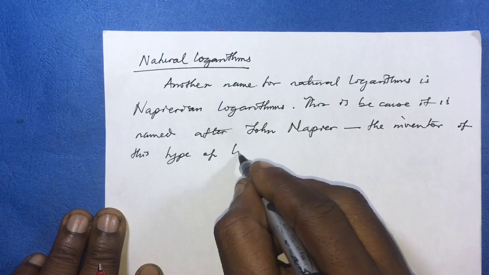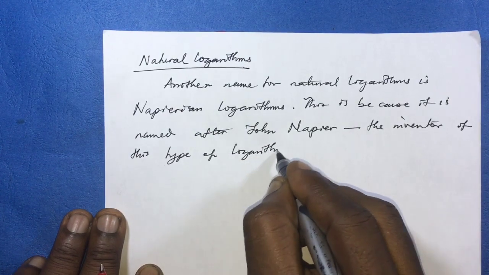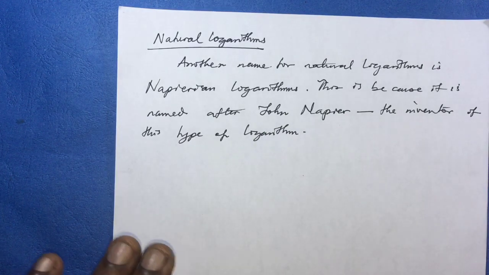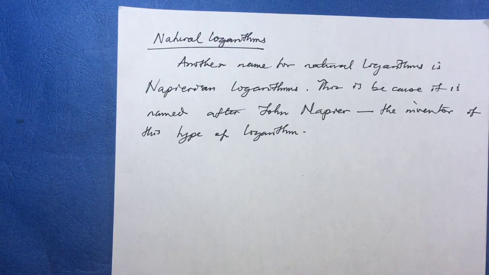Okay? Now, having said that briefly about natural logarithm, that number one, it is also called Neperian logarithm, and this is because it is named after John Napier, the inventor of this type of logarithm.